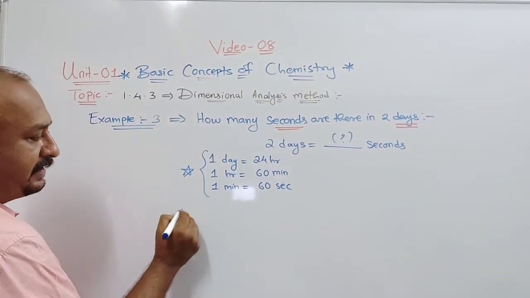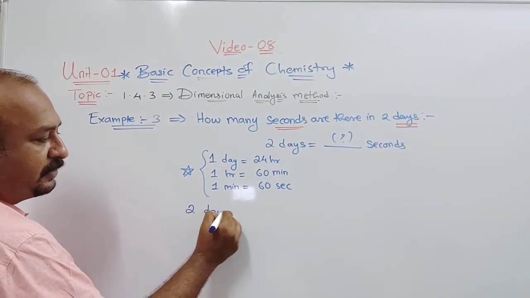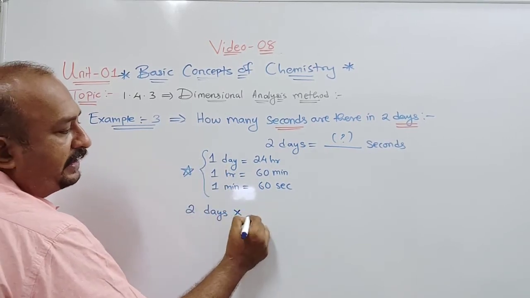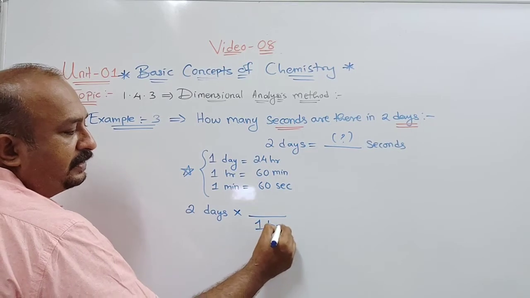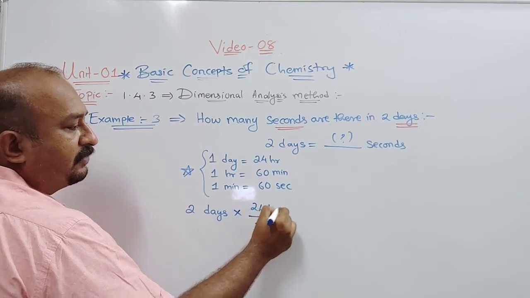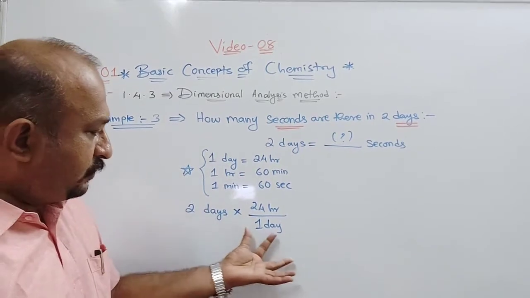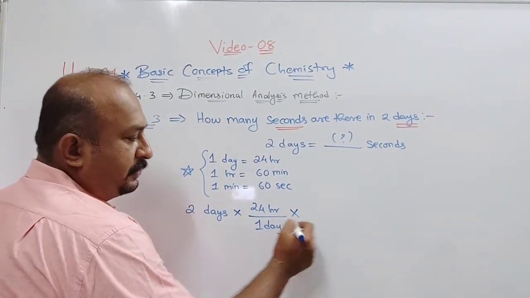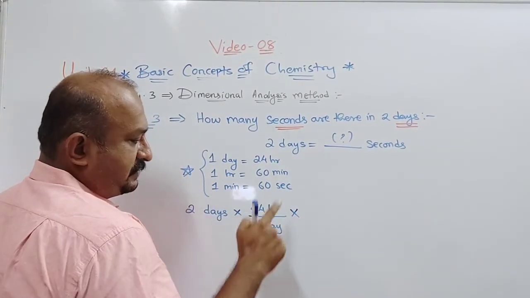So first I will write here 2 days. Now which formula contains days here? So here, right? So into, what I write, 1 day is equal to 24 hours. Now why I took this day here, so that I can cancel it easily. Then another one to cancel day, I will use this.